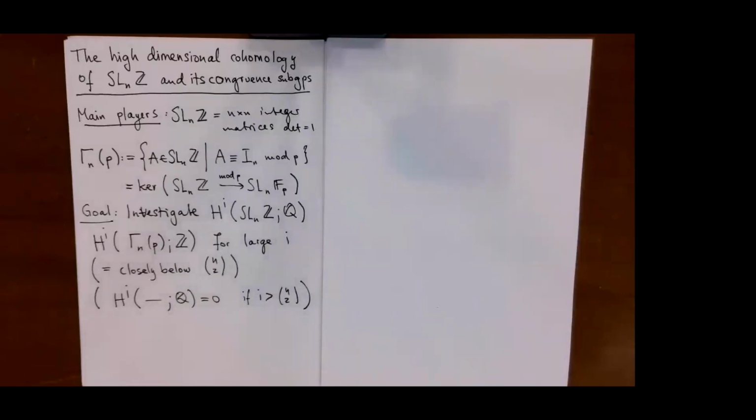I will then give a lecture about n choose 2 minus 1, the codimension 1 case for SL_n(Z). And in my final lecture, I will consider Γ_n(p) in codimension 0, that means for i equals n choose 2. That's what we set out to do.